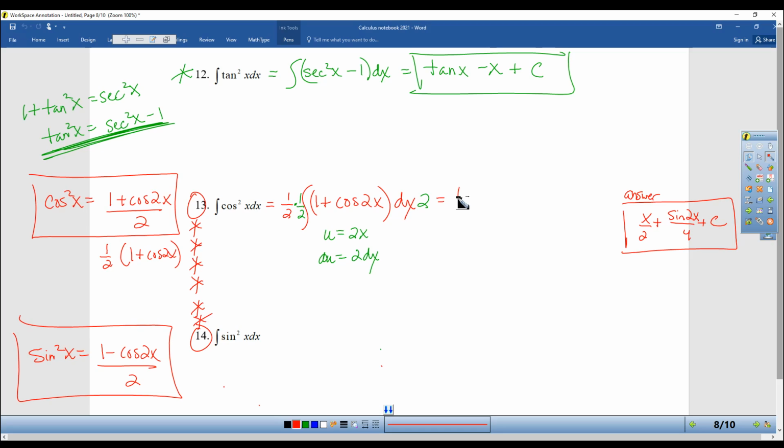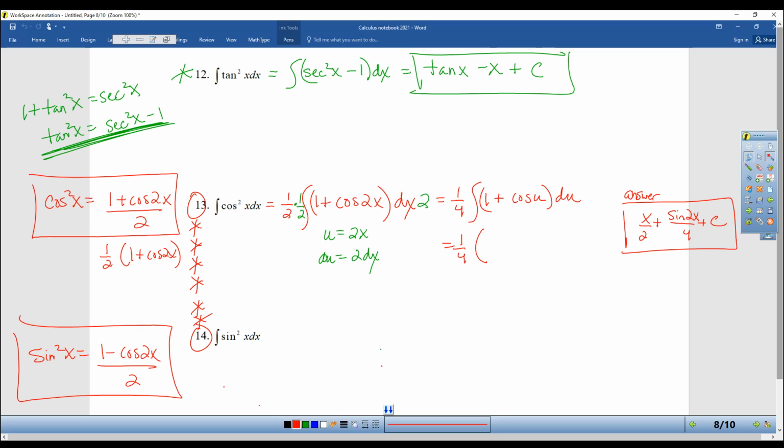And now I have 1/4 the integral of 1 plus cosine of u du. Isn't that better? Again, this 1/4, not to worry about it. I'm actually going to do the integral now, so the du and the integral symbol will go away, but I do need to keep my parentheses because that 1/4 will affect everything.